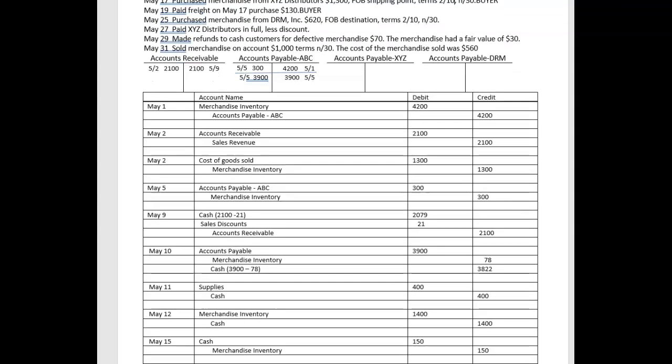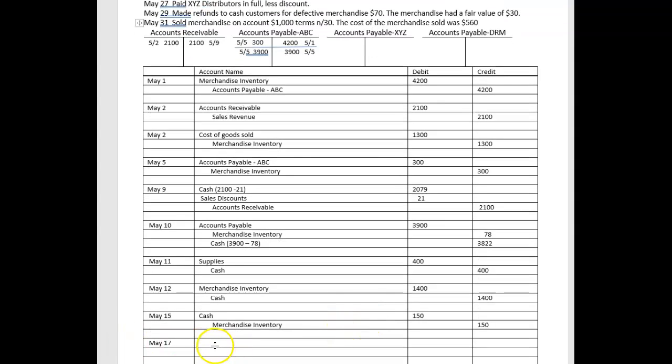So we are going to debit the inventory, the current asset, because when you buy something, you have more of it. Debit merchandise inventory for the amount of the purchase, which is 1,300.